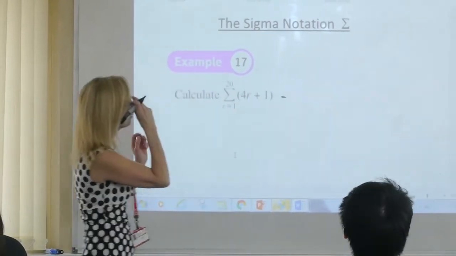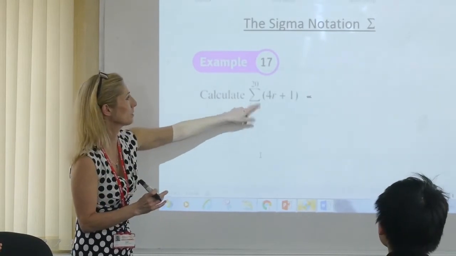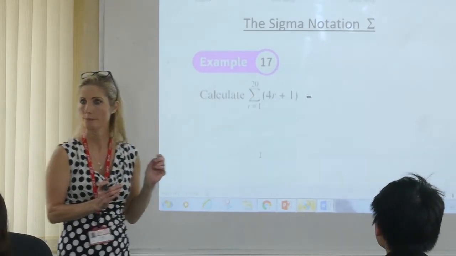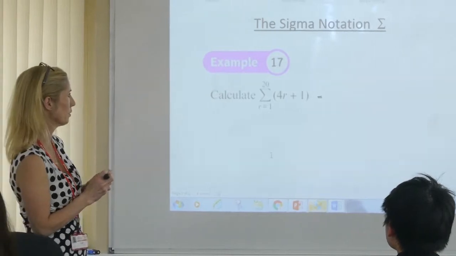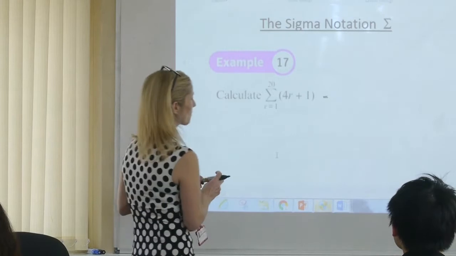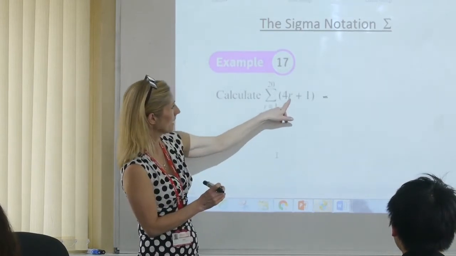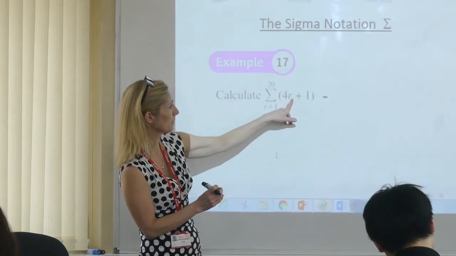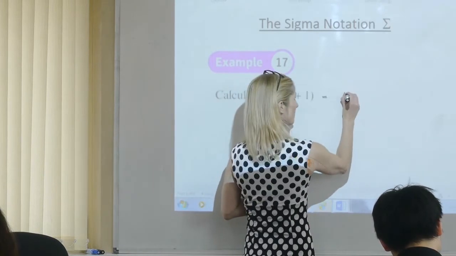So what would be the first term? It's ranging from r is 1 to r is 20. So what's the first term of your arithmetic series? So r is 1, so 4 times 1 is 4 plus 1 is 5.